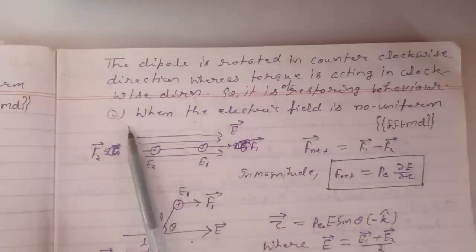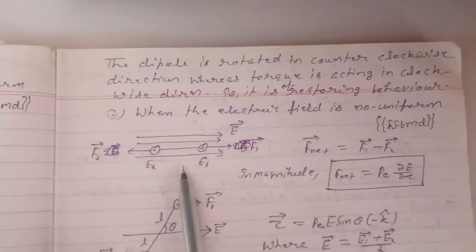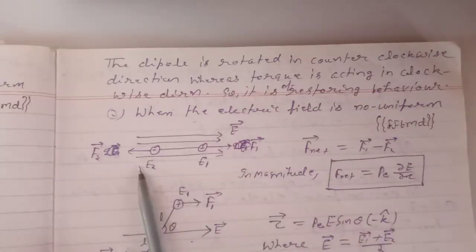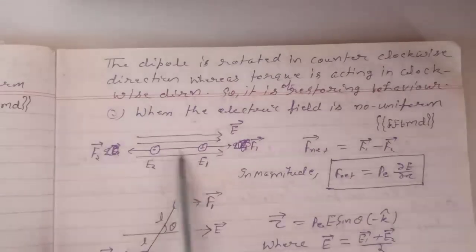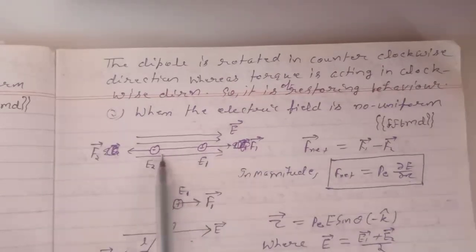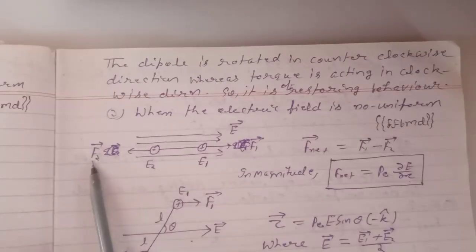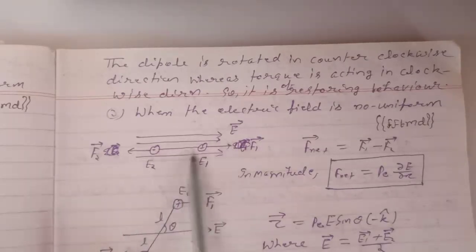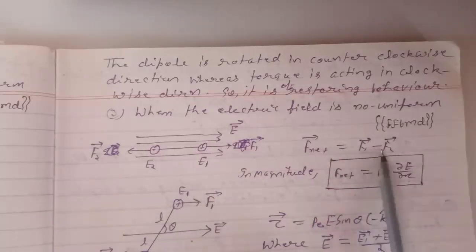Next, when the electric field is non-uniform, it is shown in this situation. The electric field is not uniform, that is, the value of the electric field changes with distance. So we have one force on the positive charge and another force F2, and the magnitudes are also different. So F net in vector form will be F1 minus F2.